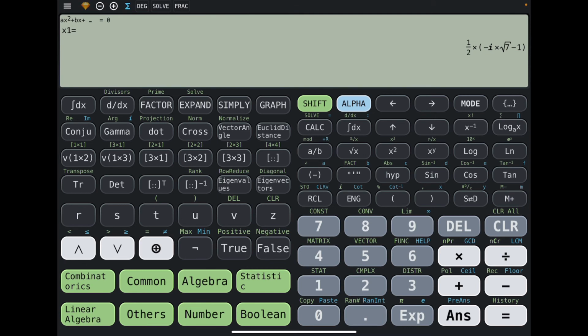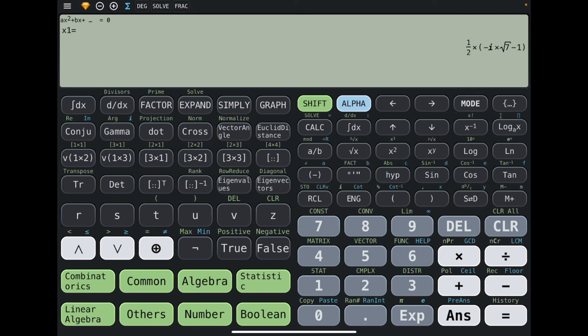Square root of 7 minus 1 over 2. At saka yung negative 1/2 minus square root of 7 over 2i.